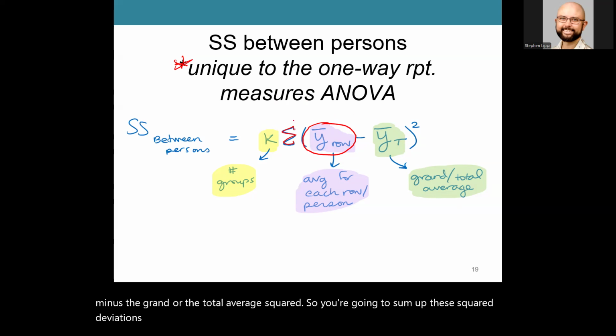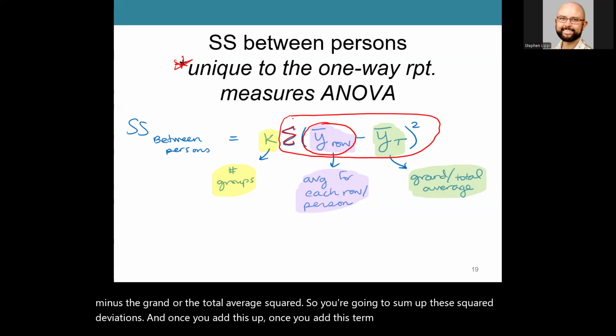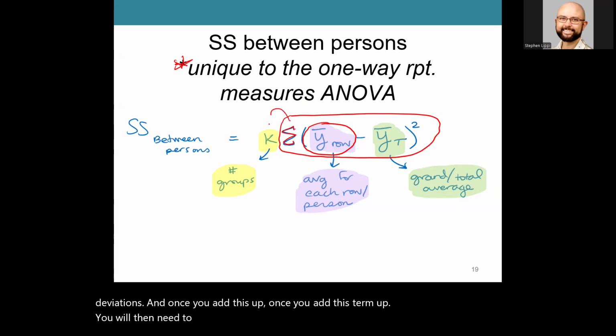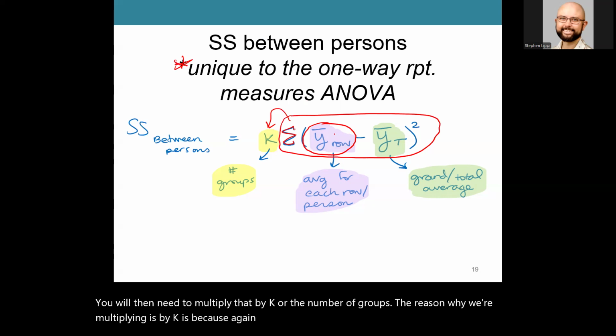And once you add this term up, you will then need to multiply that by k, or the number of groups. The reason why we're multiplying this by k is because, again, everyone is the same across the conditions. So we're accounting for the number of conditions in this calculation.